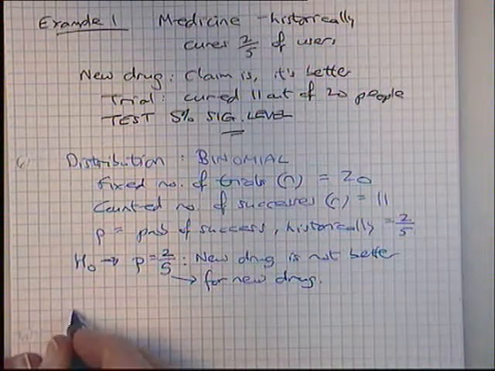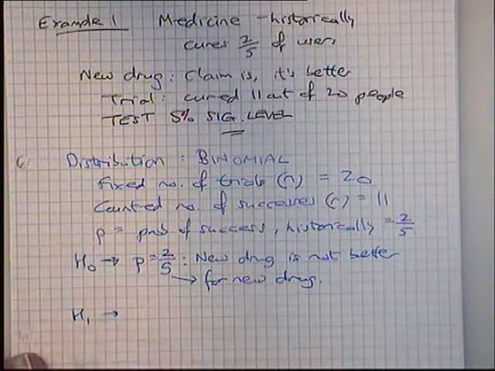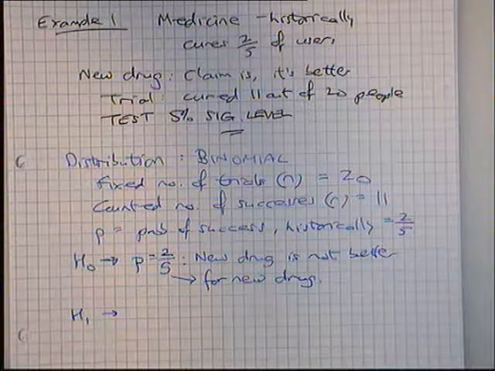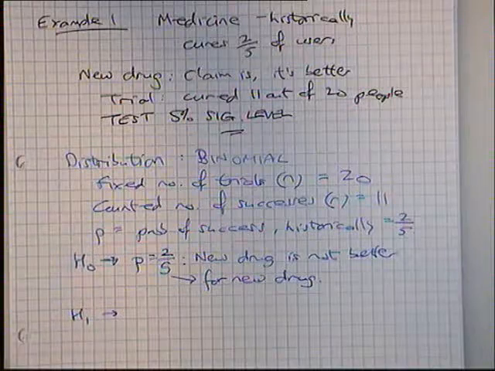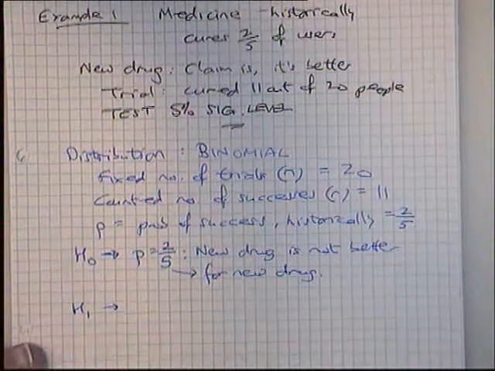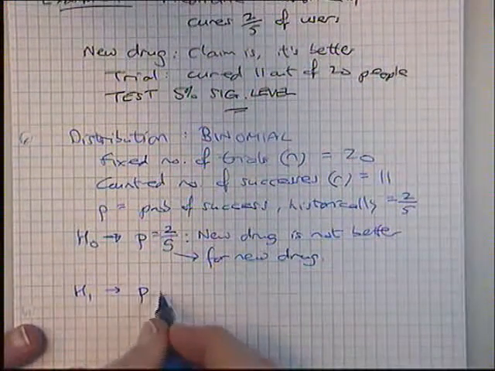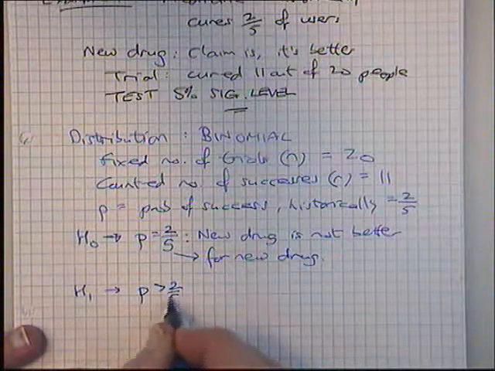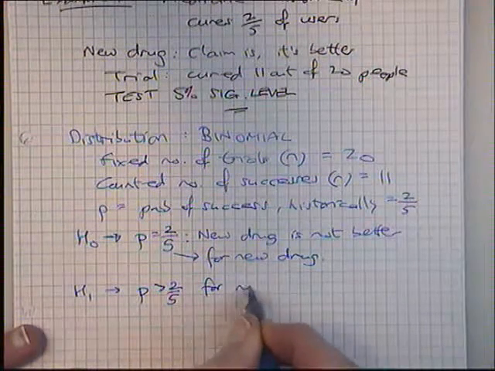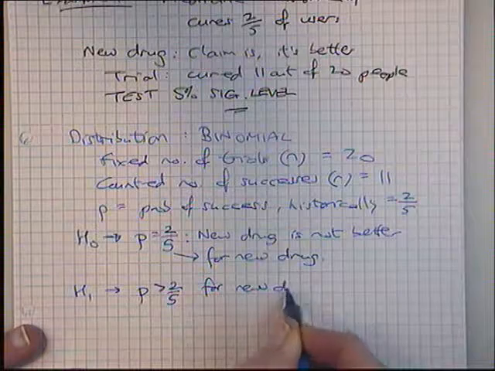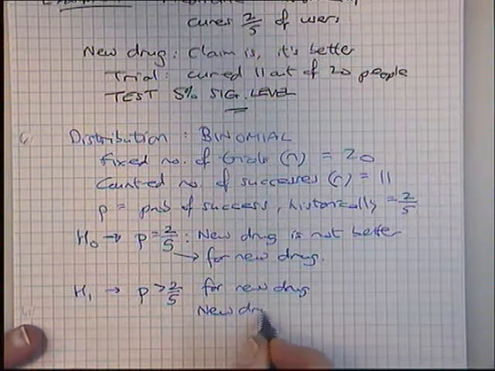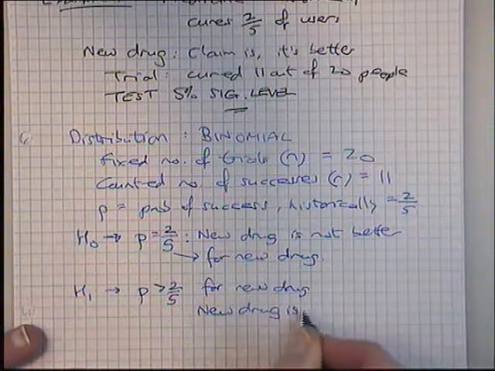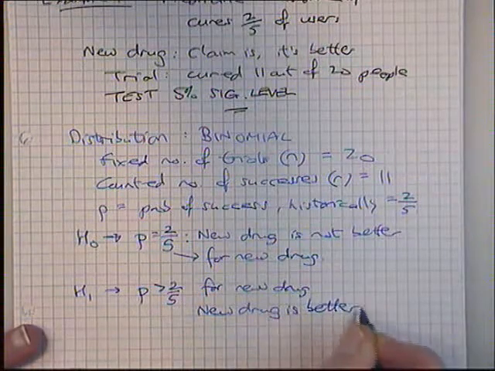Would it not be P is less than or equal to 2/5? Well, we just say no change, so no change at all. The H0 has always got an equals in it. Okay. H1 is that P is now greater than 2/5 for the new drug, i.e. the new drug is better than the old drug.